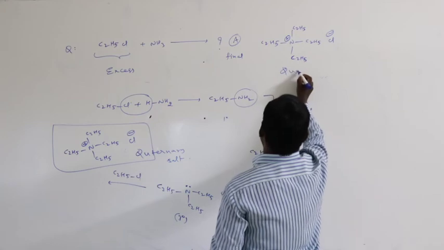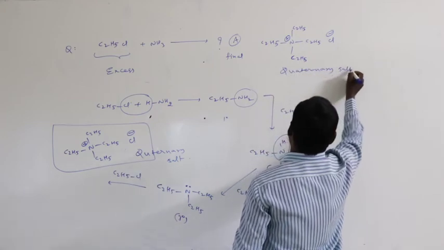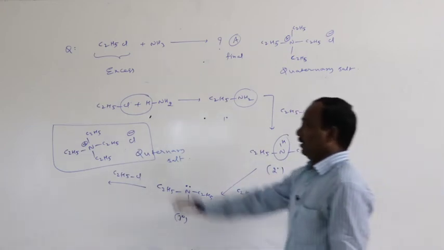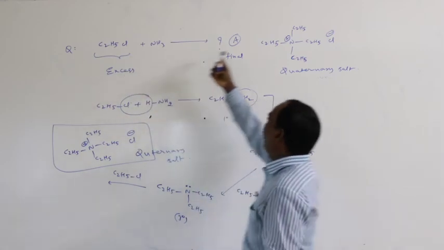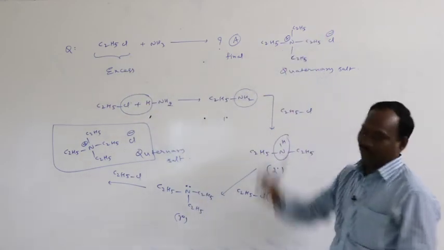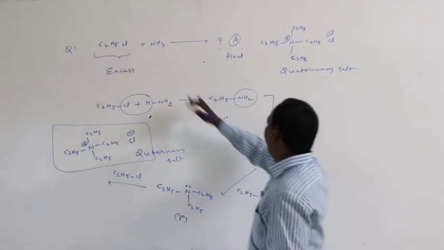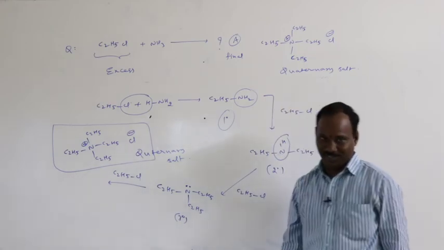This is called a quaternary salt. Okay, quaternary salt formation. If ethyl chloride is taken in excess quantity, the final product is a quaternary salt. If ammonia is taken in excess quantity, only up to primary amine formation takes place.